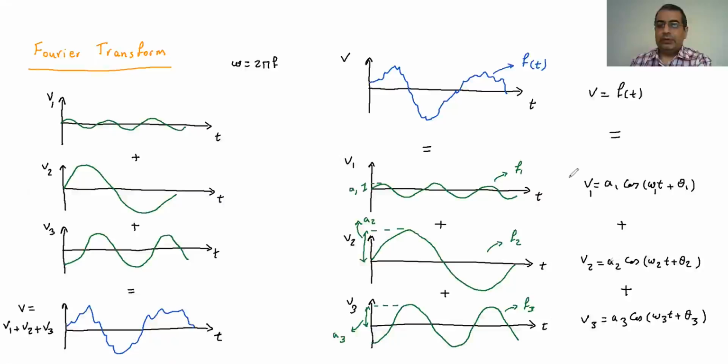comes in handy. So the Fourier transform basically says that if you have any function in time, you can write it as a series of sinusoidal waves, with n going from 1 to infinity, or N, that doesn't matter, just added together.